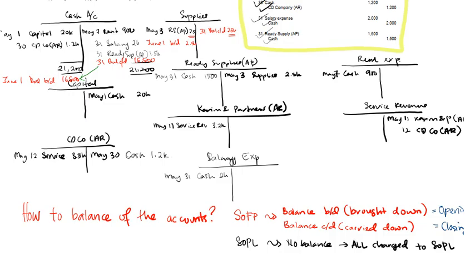Next, Ready Supplies account. We need to close the account as well. So let's total up both sides, and it looks like the right side here has a higher total. So we will write it down as the total for both sides.